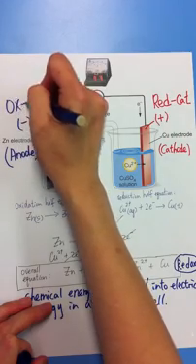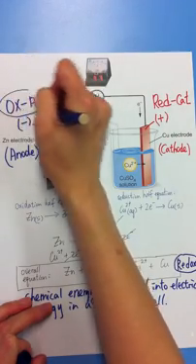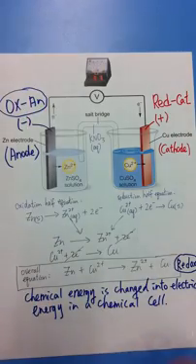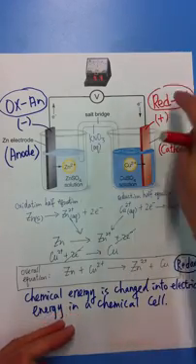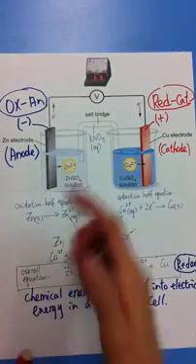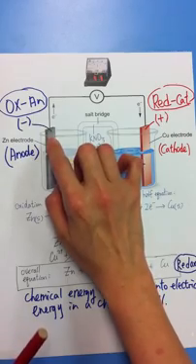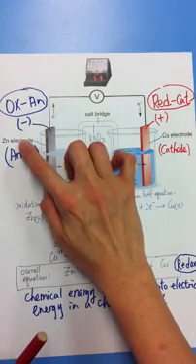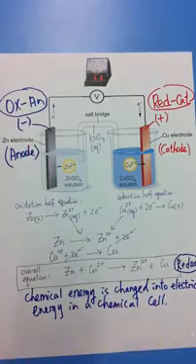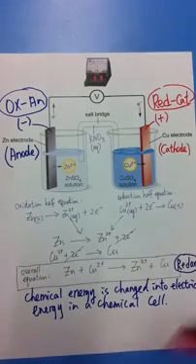And "an ox". Red cat, an ox. Oxidation happens in the zinc electrode. The zinc electrode is also called anode. An ox, red cat.